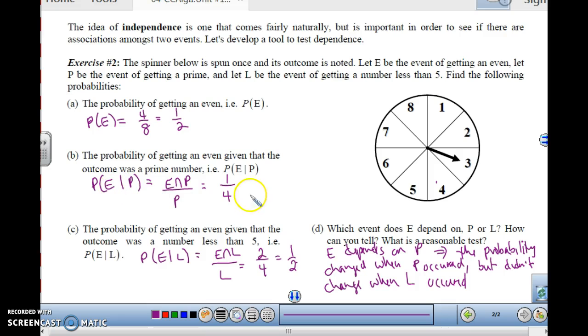When it was E given P, the probability changed to 1/4. So that means E and L are independent. The probabilities didn't change when we were changing the values there, but it did change when we were using P. So E and L are actually independent events.